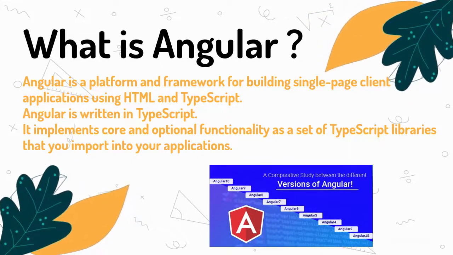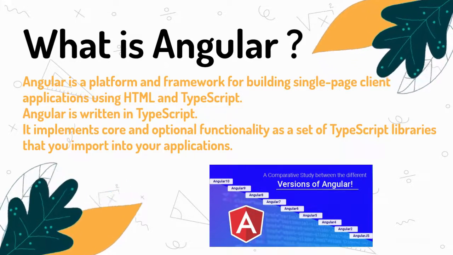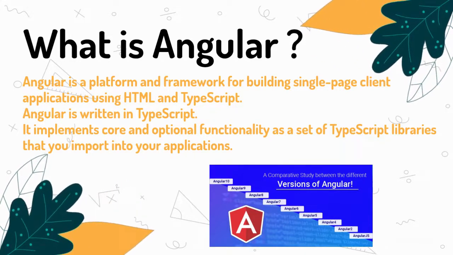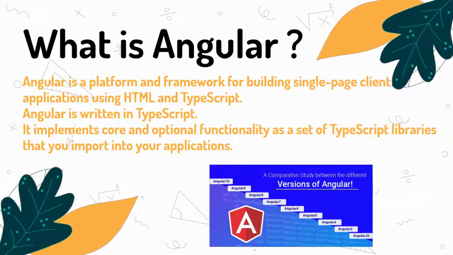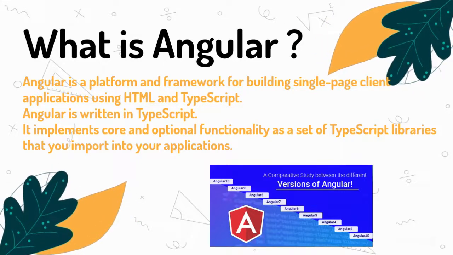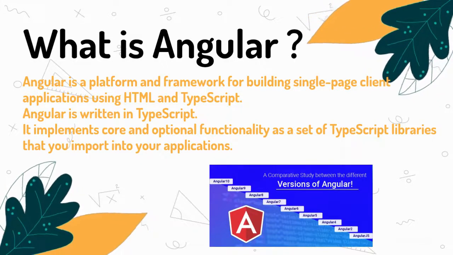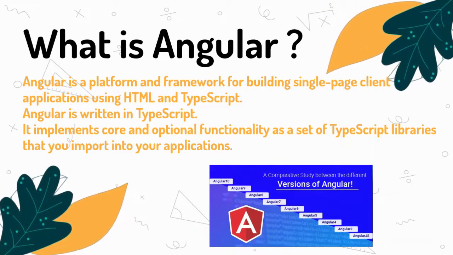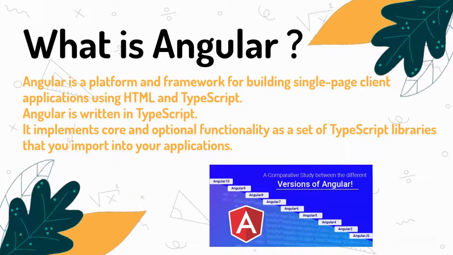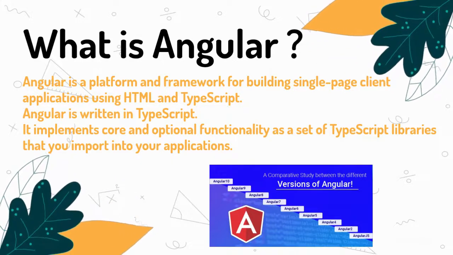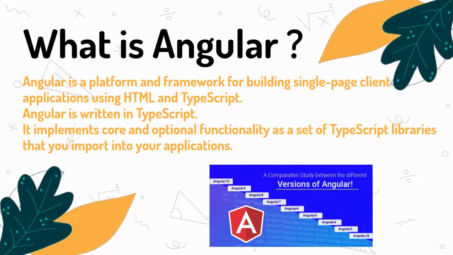Next, Angular is written in TypeScript, whereas AngularJS is a JavaScript type. So there will be slight coding differences between JavaScript and TypeScript. Angular also implements the core and optional functionalities as a set of TypeScript libraries that you can import into your application using import statements.